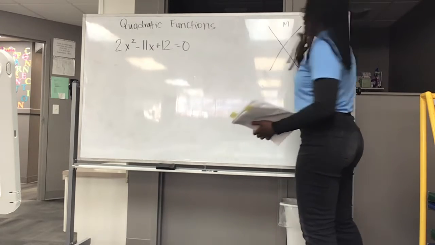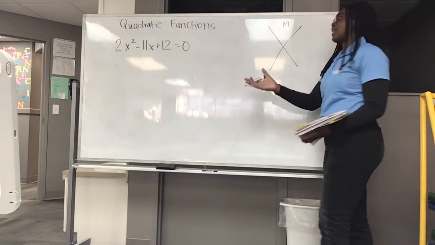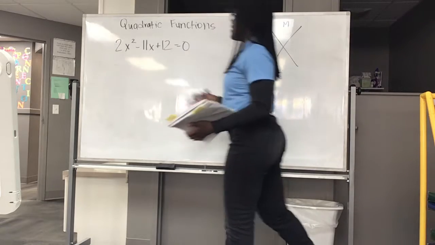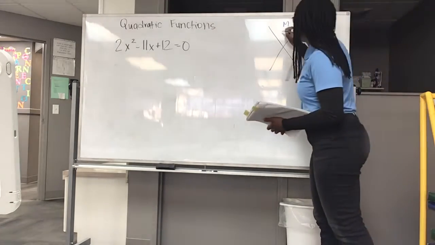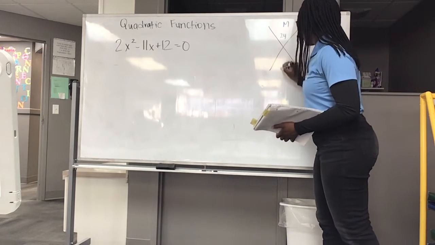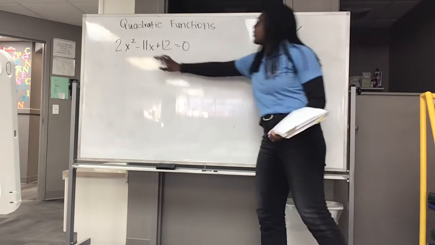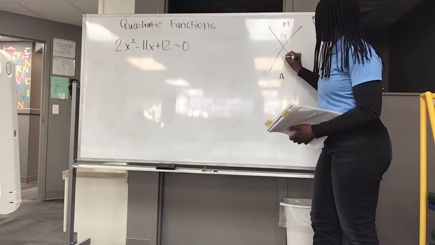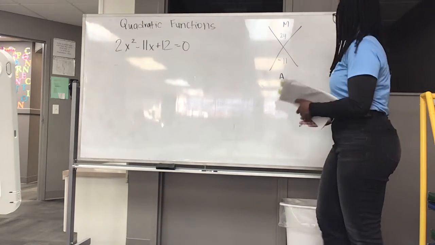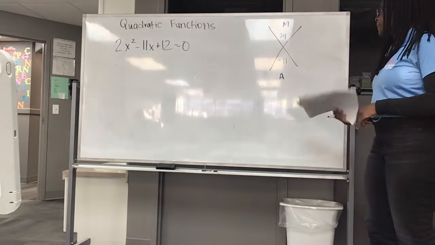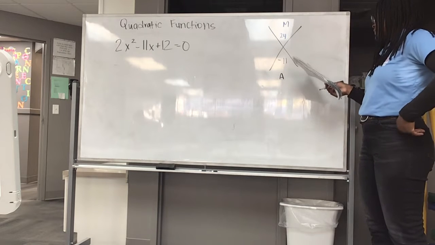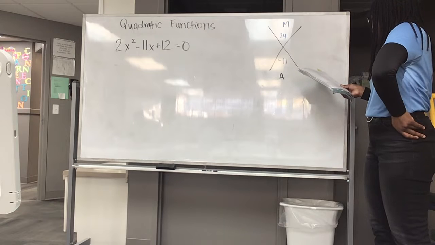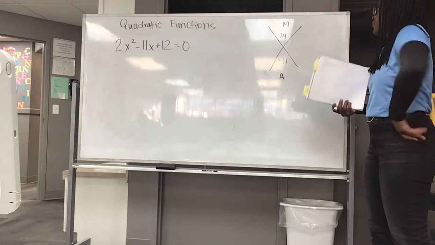So my m, instead of it being like 12 times 1, it's actually 12 times 2 this time. So we want a number that multiplies to 24 and adds to our number in the middle, which is -11. Okay. And so a number that multiplies to 24 and adds to -11, that would be -8 and -3.